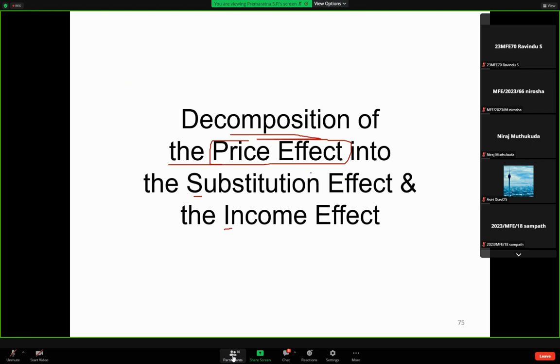The Hicksian demand curve, like I already mentioned, captures only the substitution effect. The Marshallian demand curve captures the income effect too. Now we can see the differences between the different demand curves.